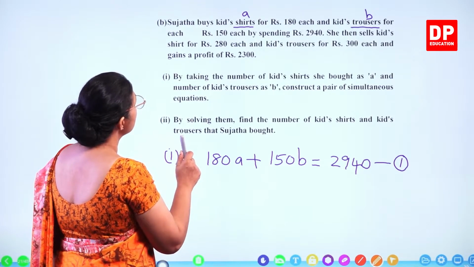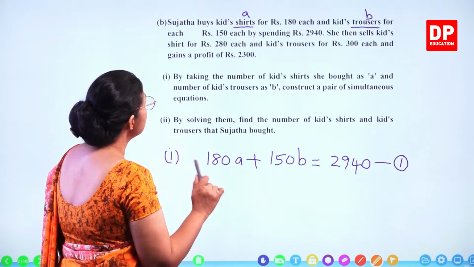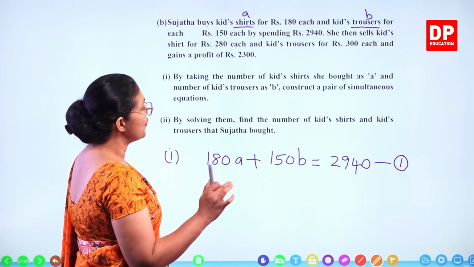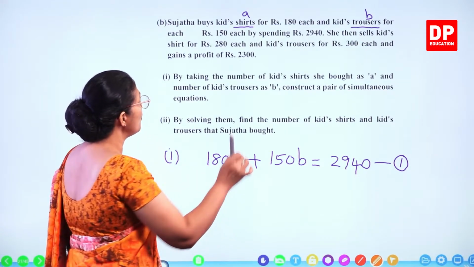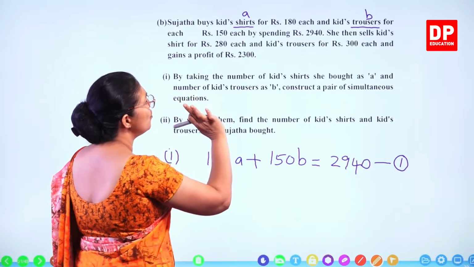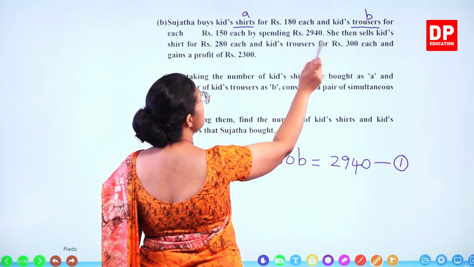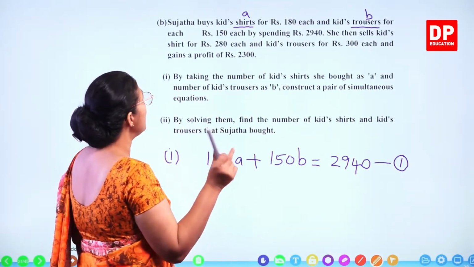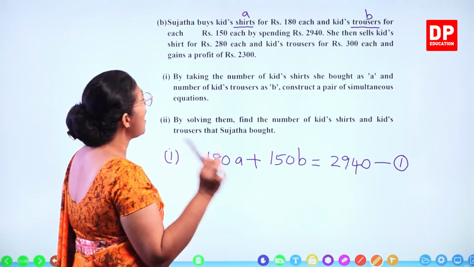Now let's do the second equation. It says she then sells kids' shirts for 280 each and trousers for 300 each and gains a profit of 2,300. So only the profit is given. The buying price of the shirt is 180 and 280 is the selling price. So what is the profit there? 280 minus 180, that's 100.